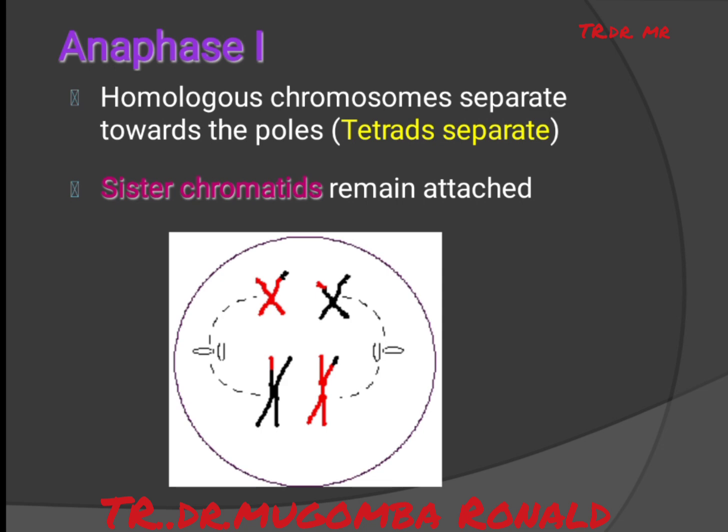You can all note with me that the sister chromatids have remained attached to each other. What has separated is the bivalent, or the tetrad. So now we can go ahead and look at telophase.